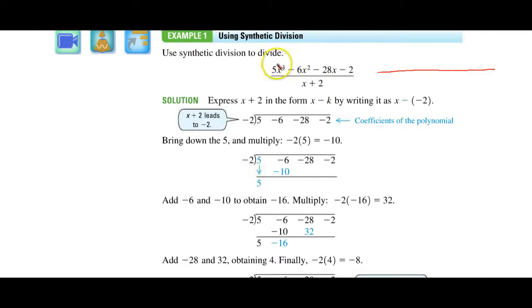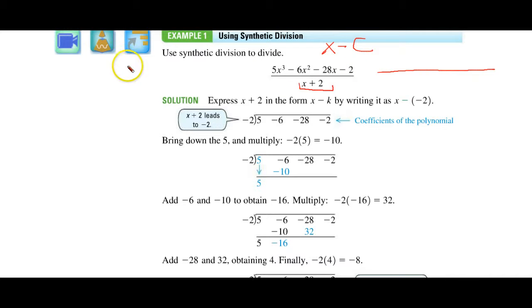So here's our big numerator, and this is our denominator. Now we want to put our denominator in the form of x minus c, so we can find our value of c or k, either one.